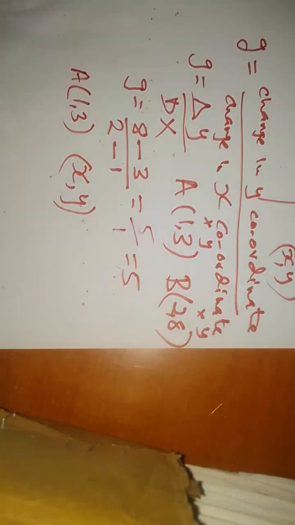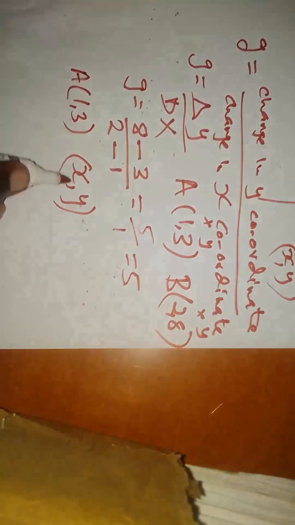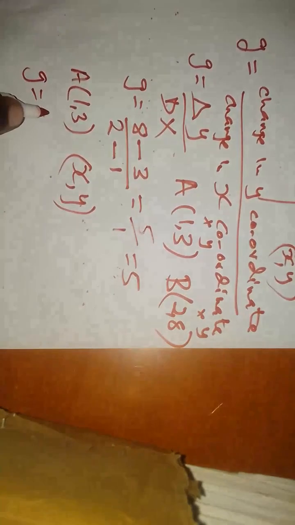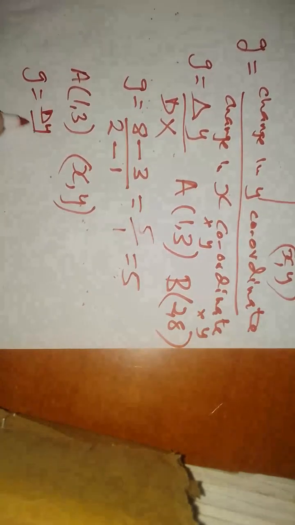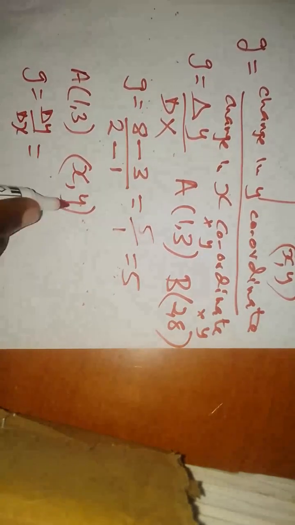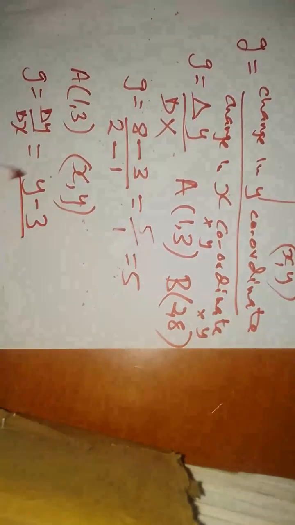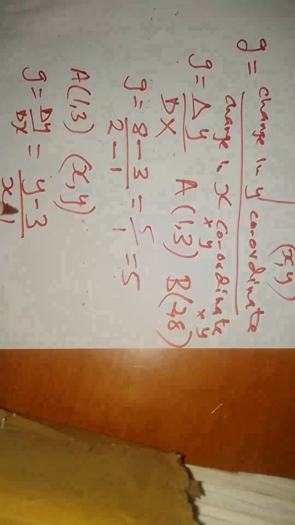So the gradient of this line will be 5. That means gradient is given by change in y over change in x, so (y minus 3) over (x minus 1) should give you 5.